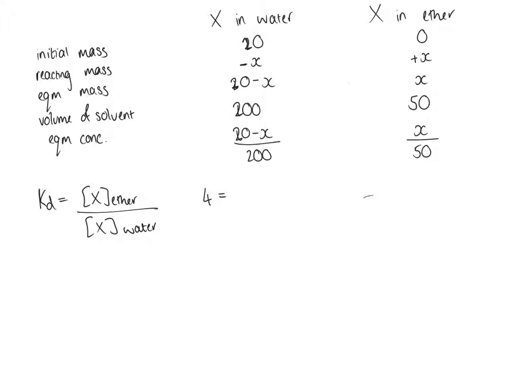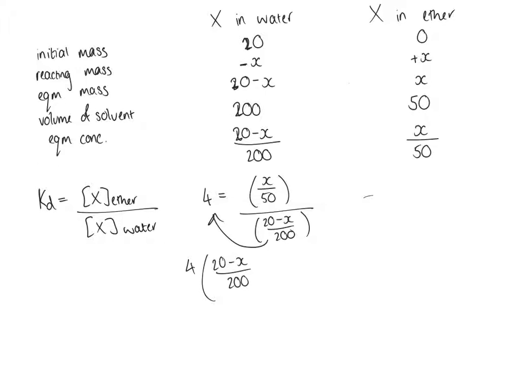So the concentration of X in ether is X over 50. Concentration of X in water is 20 minus X over 200. I want to bring this to the other side, and I get 4 multiplied by 20 minus X over 200 is equal to X over 50.